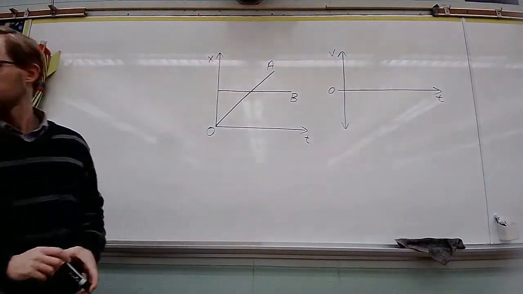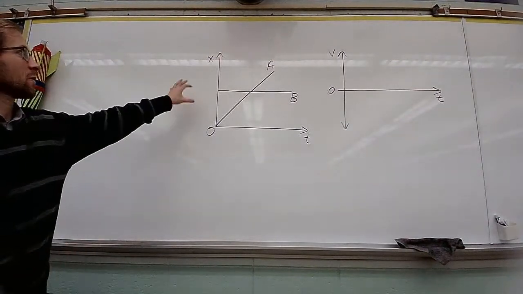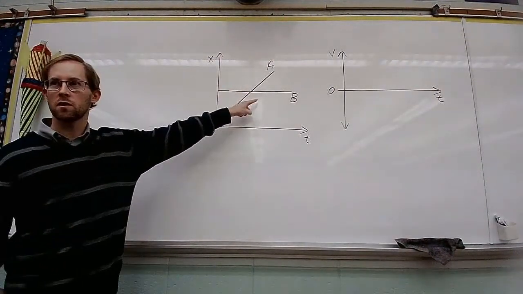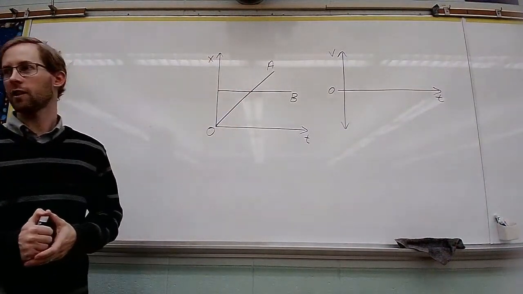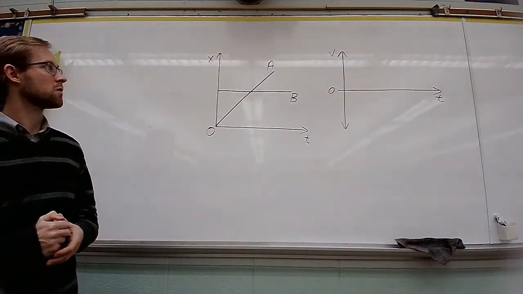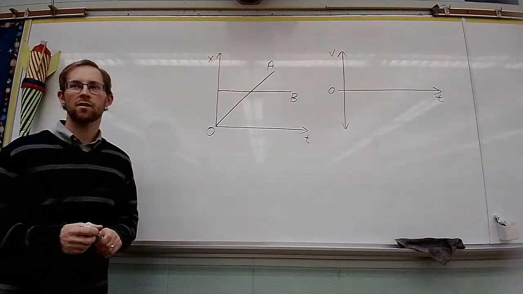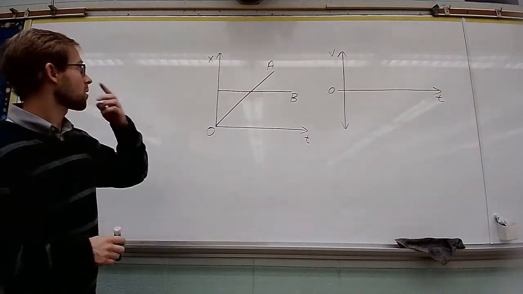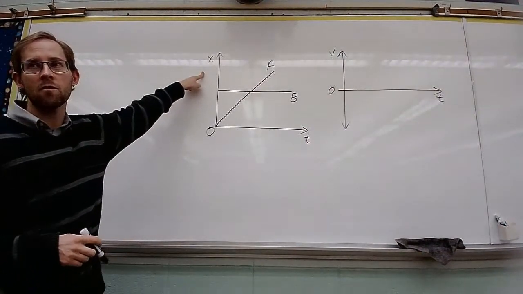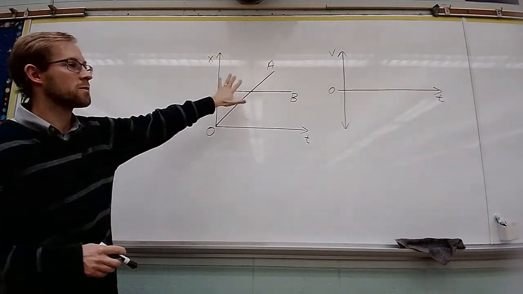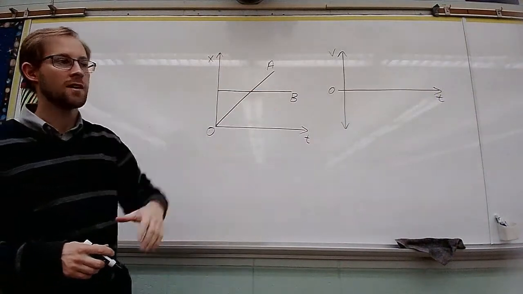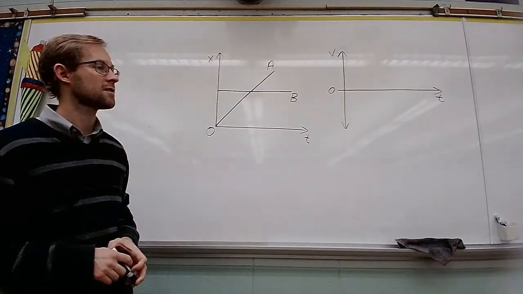So the question again was, this is your position time graph for these two individual objects. What is the velocity time graph going to look like for those? So we'll start with that one, then we'll move on to how the motions are different. So remember, on a position time graph, the slope represents your velocity. So the slopes here are going to tell us how to draw the velocity time graph.